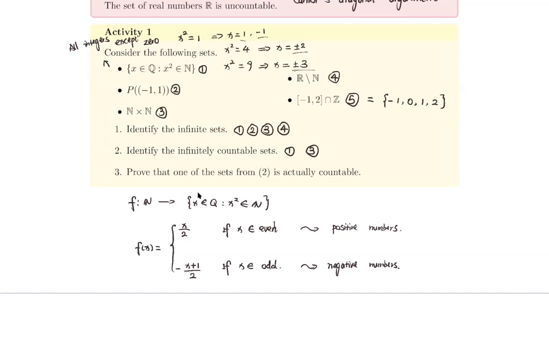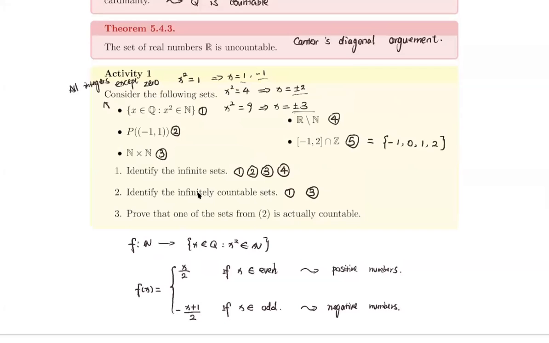What 1 means? Oh, 1 is just all the integers except for 0. x squared equals a natural number, and x has to be a rational number. So when a equals 1, your x is 1 or negative 1. It cannot be 2 because when a equals 2, your x is not a rational number anymore.